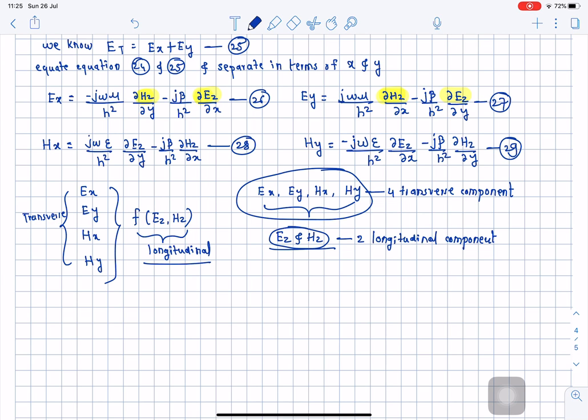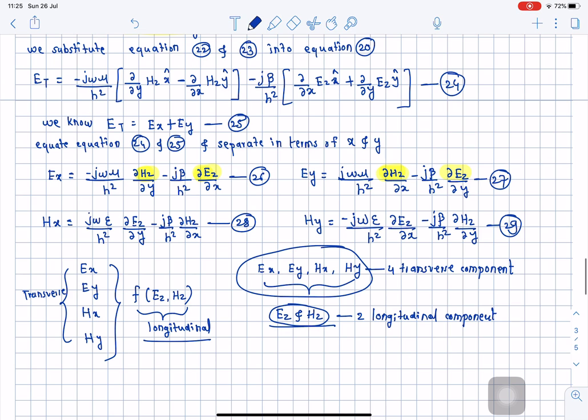And the equations for the longitudinal field components, that is Ez and Hz, will be seen specifically for a particular given waveguide when we come across that waveguide. So this completes the derivation of the field equations of the transverse field components in terms of the longitudinal field components.